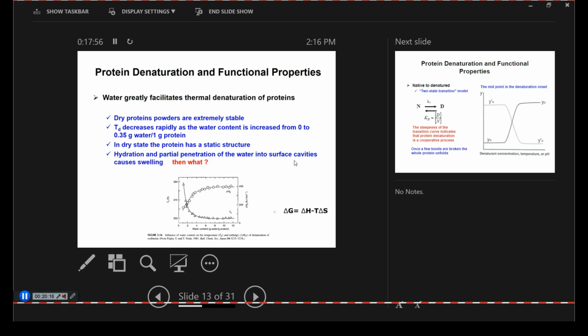So what happens is that when you have water in the system and you're heating, the thermal kinetics makes the water more mobile. It moves and it penetrates into the cavities of the protein, or the interior moiety, causing swelling. Then what happens?